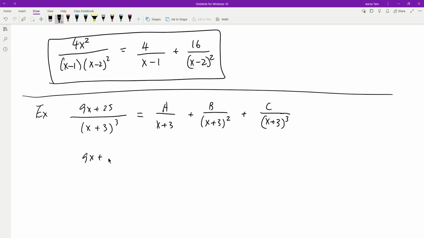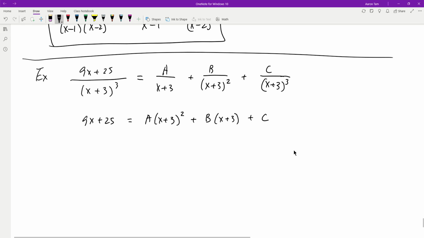So the numerator 9x plus 25 will equal A times (x plus 3) squared, because I only have x plus 3 on the bottom but need to get to x plus 3 to the third, plus B times (x plus 3), plus C times nothing in this case, because it already has the entire (x plus 3).